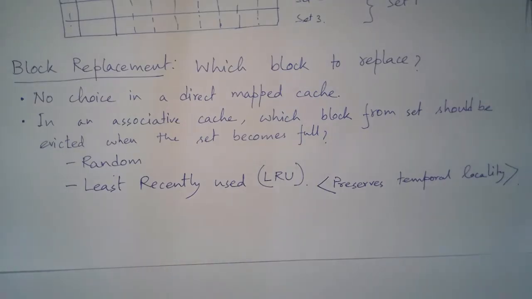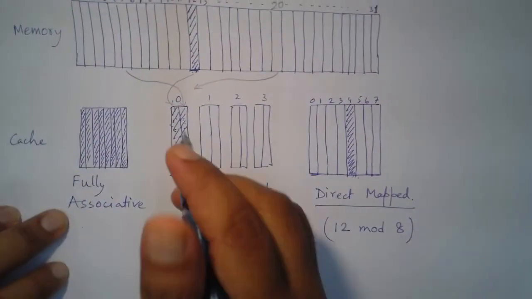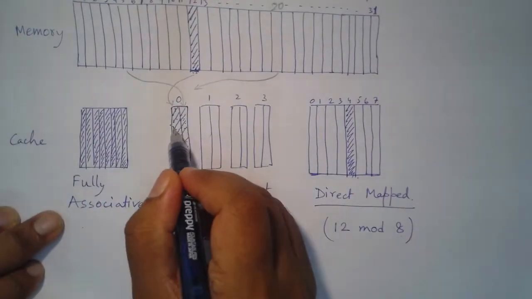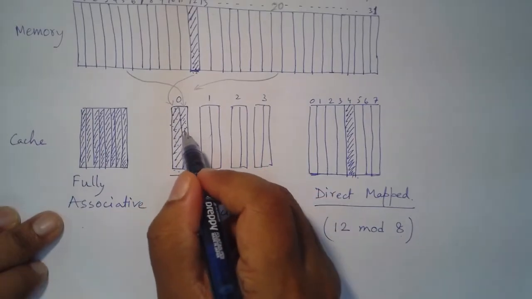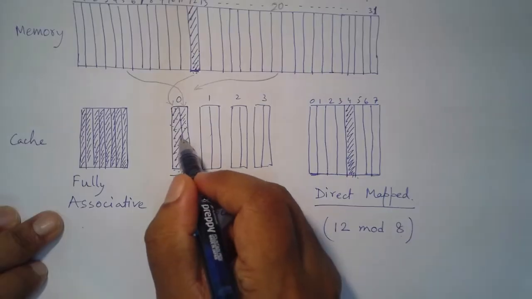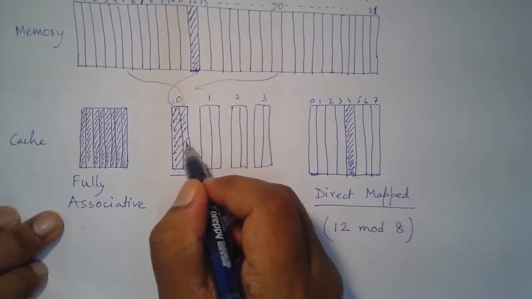Because every time these blocks get used, I have to have some kind of tracking mechanism which tells me which block is more recently used and which block is least recently used.